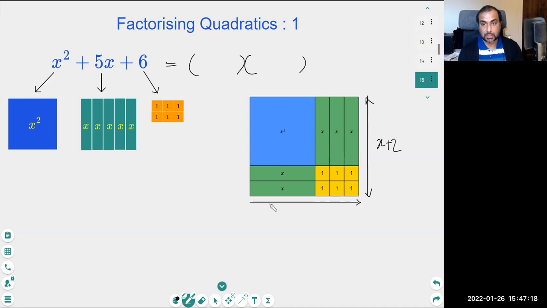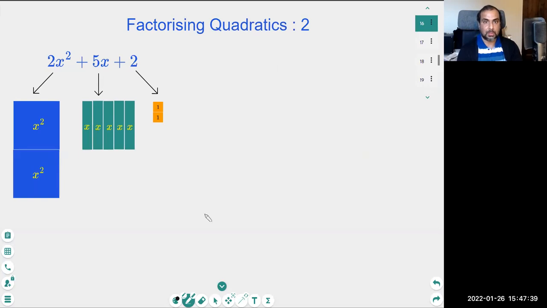It's x plus 3, so that's done. It's one of the trickiest things in GCSE maths, and using the area model, the factorizing is done. The area made into a rectangle, one side length that, the other side length that, factorizing done. I'll do one more example.